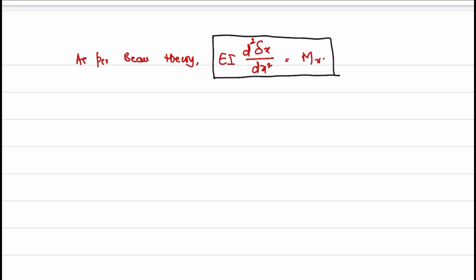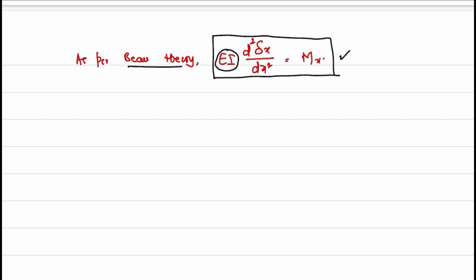Four, the second derivative of deflection is equal to 0. The answer is the second derivative of deflection is equal to bending moment. This is as per beam theory. EI into the second derivative of deflection is equal to the bending moment at that particular point. EI is constant for the given beam.